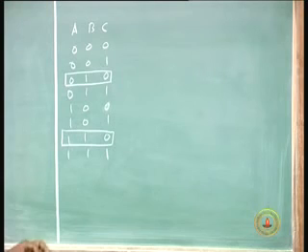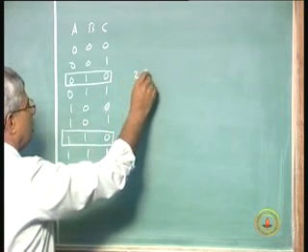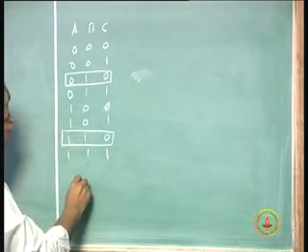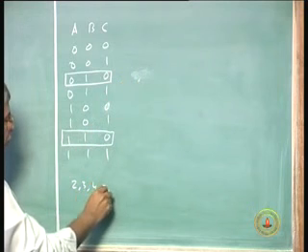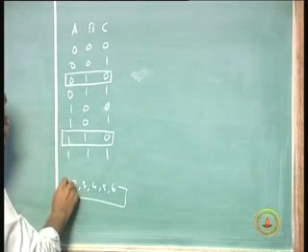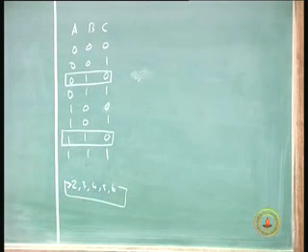I want counts 2, 3, 4, 5, 6 and back to 2. This is the cycle I want. I don't want to count 0 and 1, I don't want to count 7.